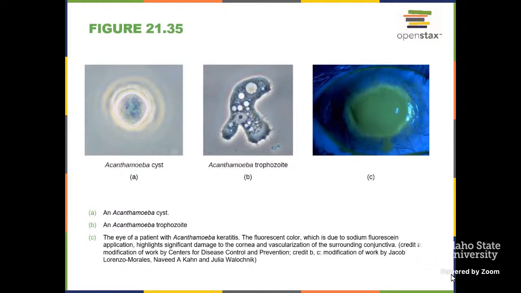Acanthamoeba has spiky or sharp little pseudopods, and other amoeba more rounded, blunt-like pseudopods. Here's some keratitis. This is a stain that's been added that allows us to see the damage to the conjunctiva as a result of the infection with this.